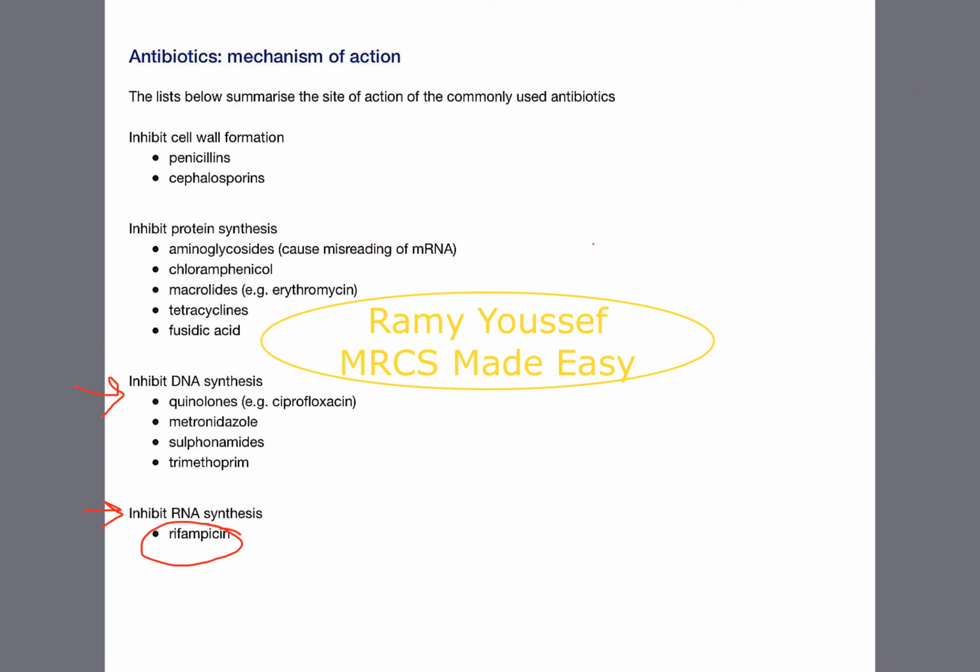DNA: most of them are cocktails we use in gastroenteritis. Sometimes we use Cipro plus metronidazole, or sulfonamide plus trimethoprim, which is called Septrin. We use sulfonamide plus trimethoprim, and this quinolone plus metronidazole.